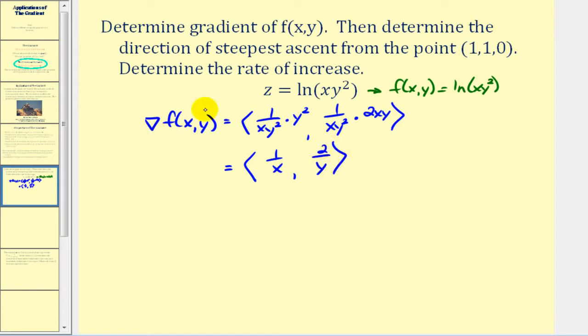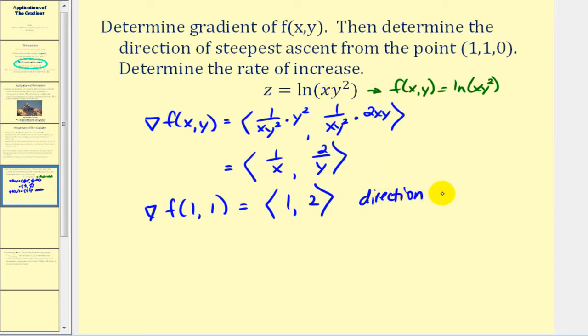So to determine the gradient at the point 1, 1, 0, we need to evaluate this when x is 1 and y is 1. This will give us the direction of steepest ascent from the given point. So we'll have 1 over 1, that's 1, 2. So this tells us the direction of steepest ascent.